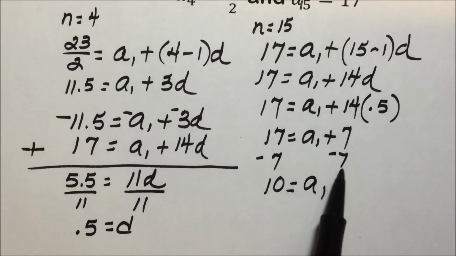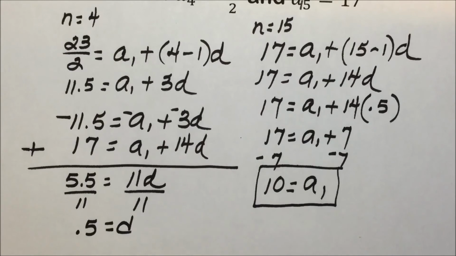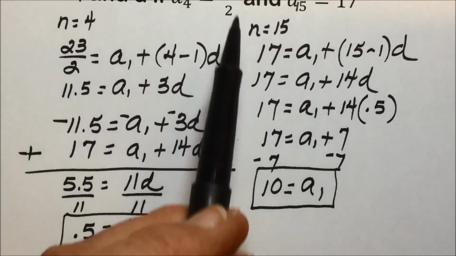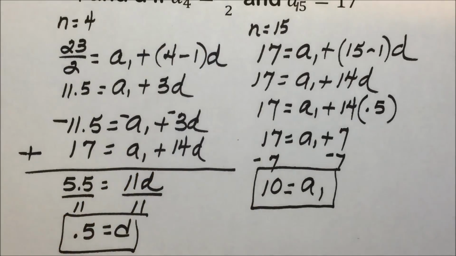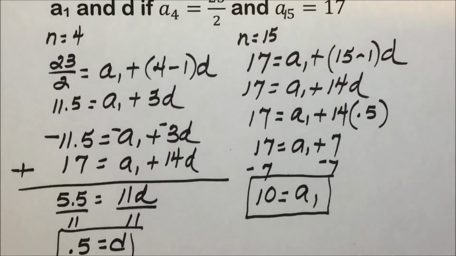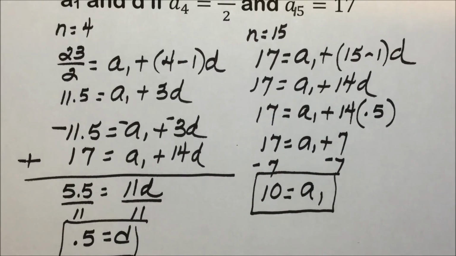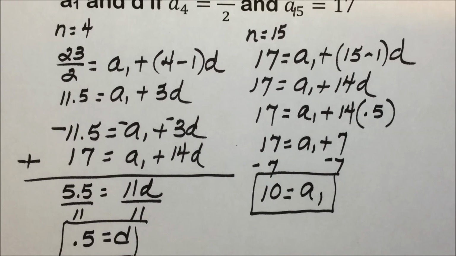So here is the first term in this arithmetic sequence, and here is the common difference. And you could verify 10 plus 1/2 and continue on so that you get your fourth term. And if you wanted to really verify, using the generic nth term formula, using the first term of 10 and the common difference of 0.5 should result in the 15th term being 17.